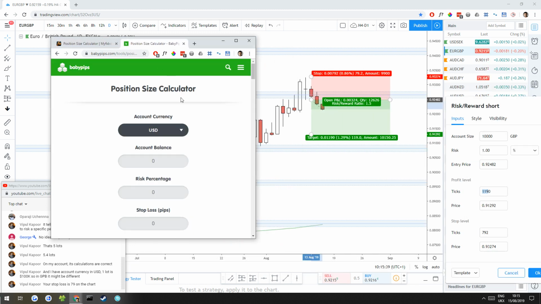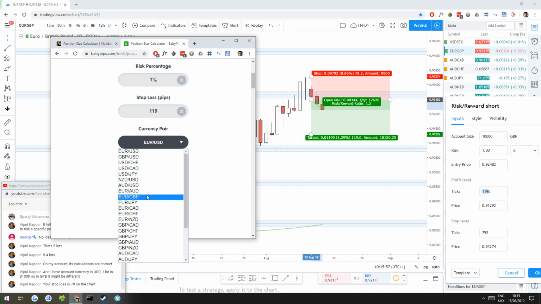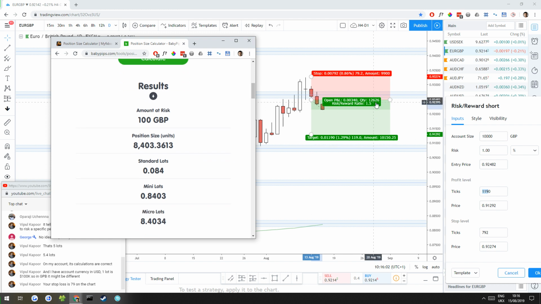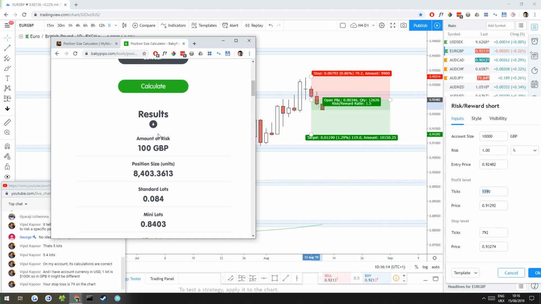Yeah, this one. Yeah, it's totally off. Even the position size in units is off by... Oh yeah, it is.